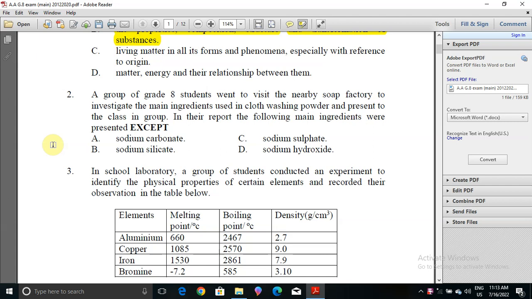The one which is except means A, B, and C are reported as the ingredients presented, but sodium hydroxide, no. So the one which is not between the ingredients is sodium hydroxide. So D is the correct answer for question number 2.